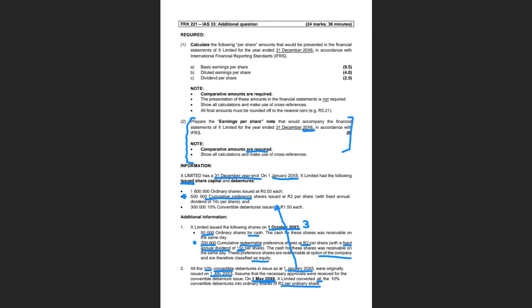Does everyone understand how we got to this? Let me repeat it again because it can sometimes be tricky. We took the total liability amount, because they're telling us the ordinary shares were at 3 rand per share. Whatever debenture liability we had, we technically had to buy the ordinary shares with it, at 3 rand a share.